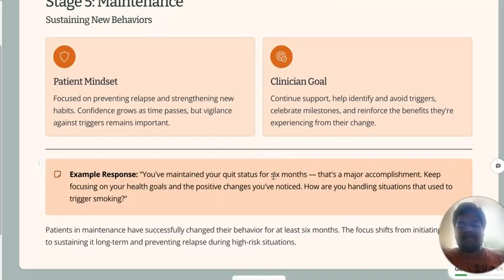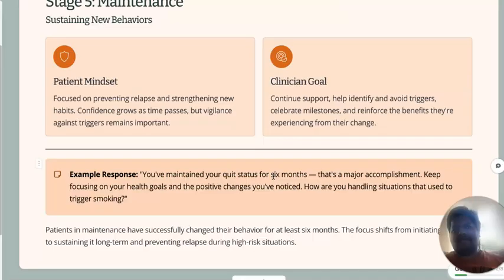So as a clinician, when a person comes into your clinic and says that he quit smoking 6 months ago, and now he feels much more confident with quitting smoking and dealing with the trigger factors, then you must continue supporting him.